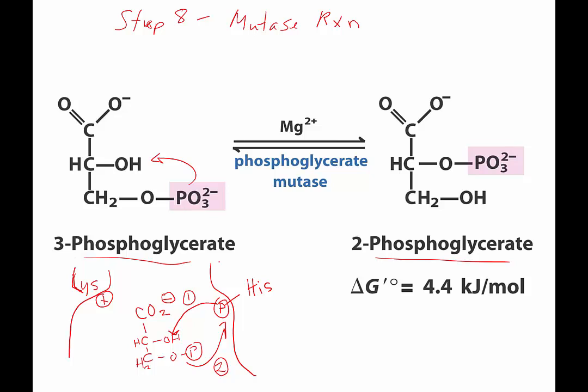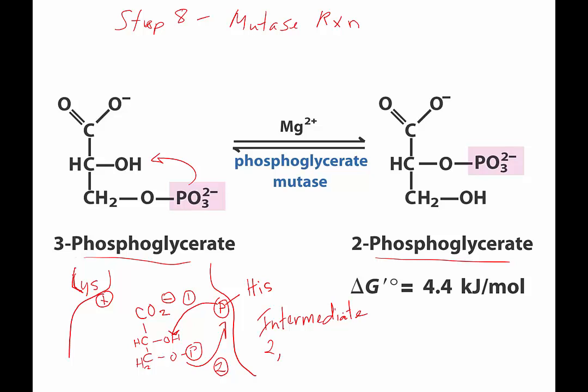So basically, the mutase reaction, the way it works, is the enzyme transfers a phosphoryl group onto the substrate, and then for a moment we have a double phosphorylated glycerate. And actually we've encountered this guy before.